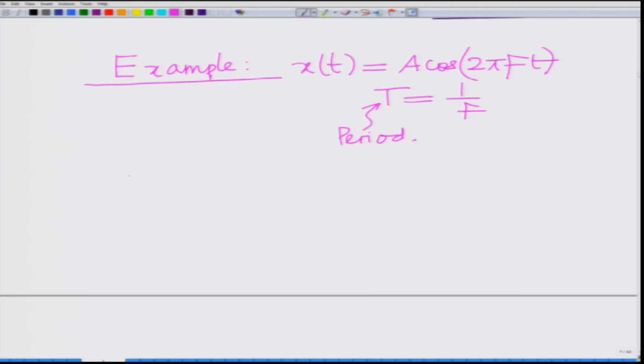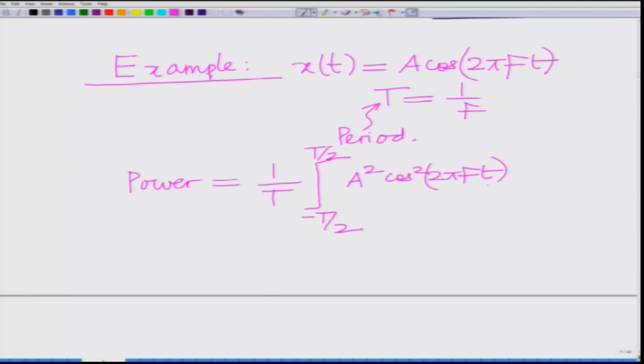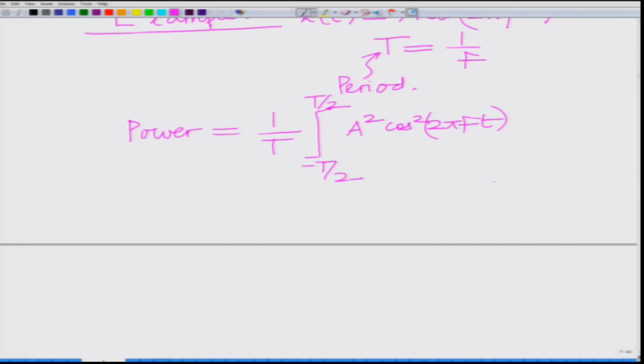Therefore, the power of this signal is equal to 1 over T integral from minus T by 2 to T by 2 A square cosine square 2 pi f t dt, where T equals 1 over f.